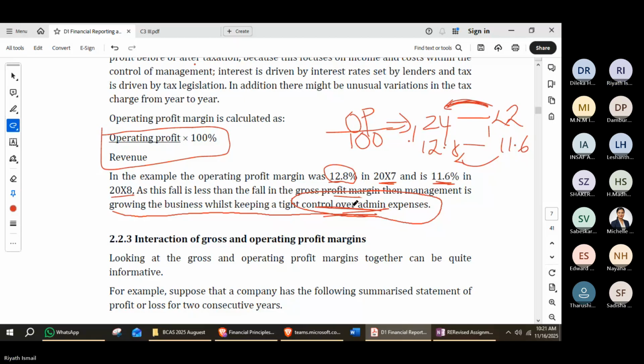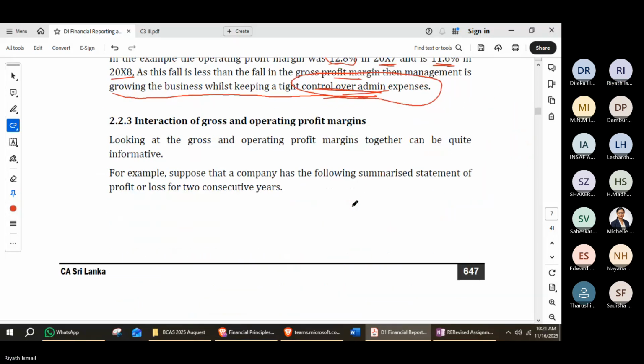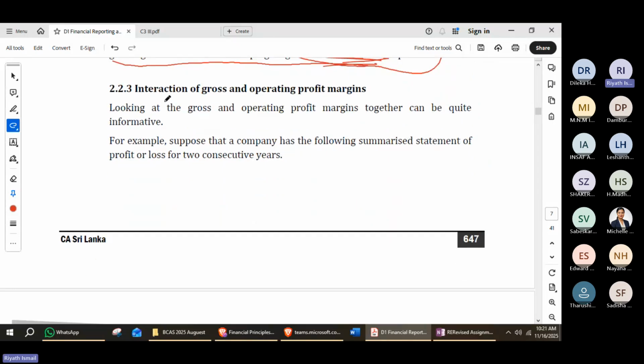Therefore, they were able to keep their operating profit stable. So there is a relationship between gross and operating profit margins. There's a link. Looking at the gross and operating profit margin together can be quite informative. If you look at gross profit margin solely or operating profit margin solely, it will not give you any insights. You have to consider both together.